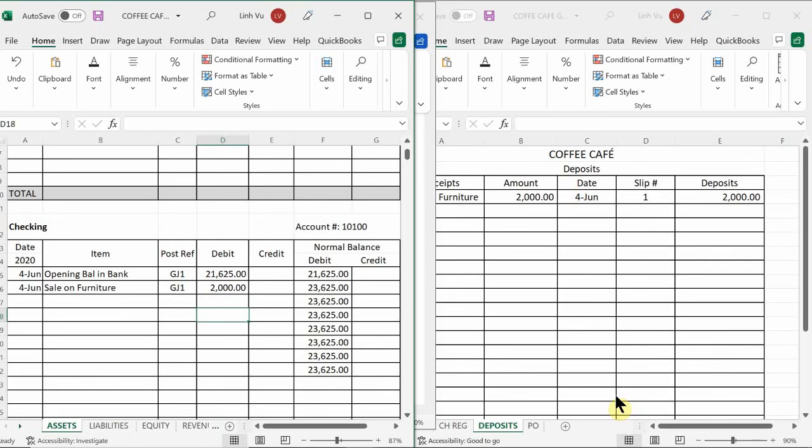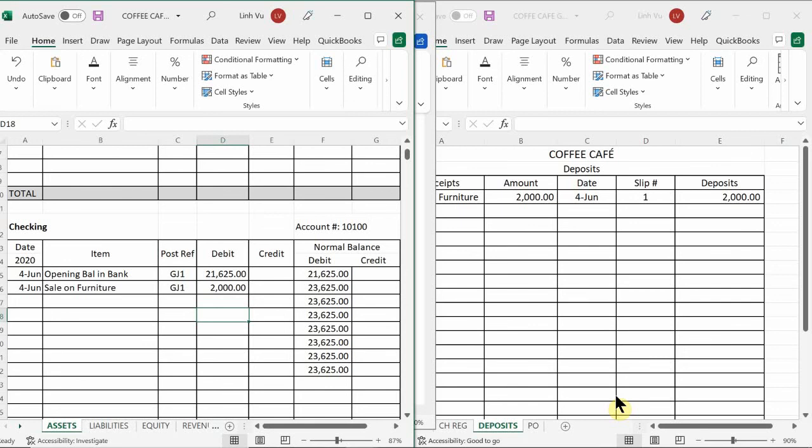So that means for every single account that is an asset is going to follow the same exact formula. But when we arrive to different account types, such as your liabilities, your equity, and your revenues, the formula is similar. It's not the same exact one because now we're dealing with a credit balance, okay?